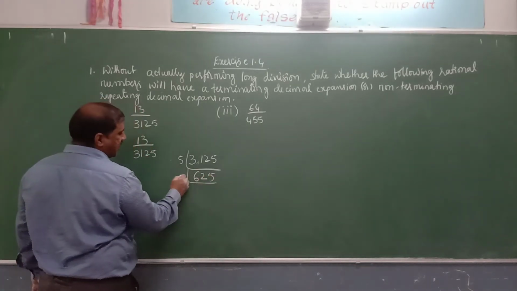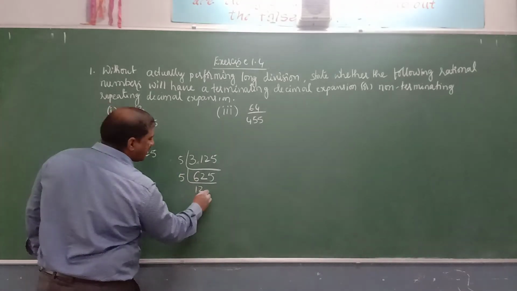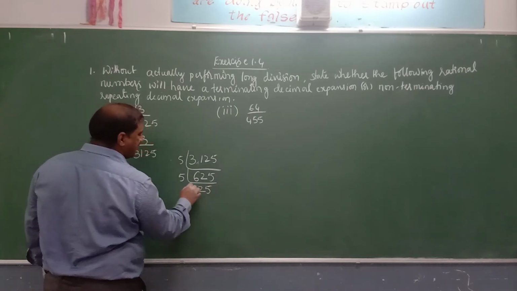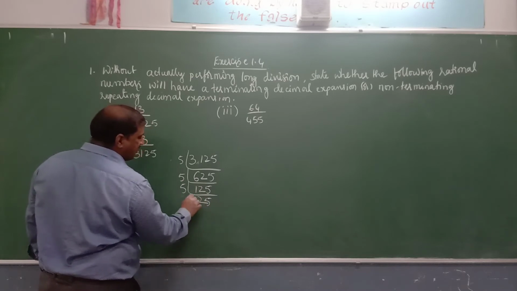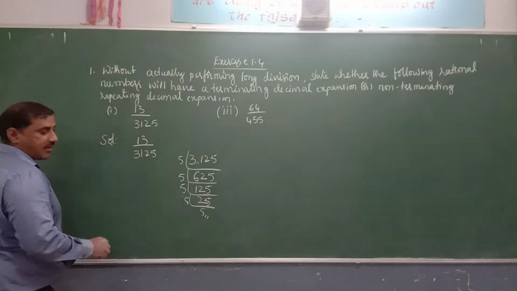Now 5 ones are 5, 6 minus 5 is 1, bring down 2, 12, 5 twos are 10, 12 minus 10 is 2, bring down 5, 25, 5 fives are 25. Now 5 twos are 10, 5 fives are 25. The last number we got is a prime number.